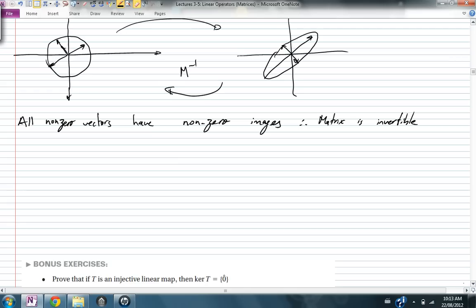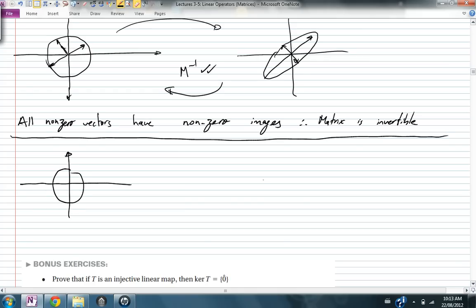And then a non-invertible matrix is a matrix that takes some vectors and puts them along a line here, and some other vectors go to the zero vector.